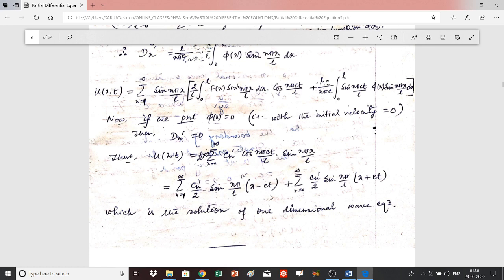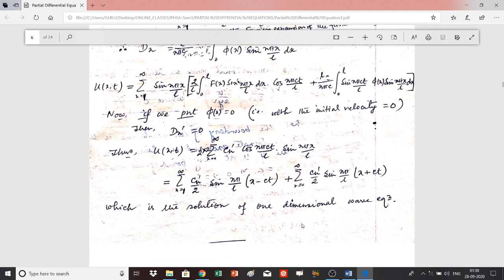This is the minus term, and this is the plus term for cn prime. So this is the solution of the one-dimensional wave equation, and in this case we have learned how to apply the boundary conditions, and using the boundary conditions how we can find out the values of the arbitrary constants.